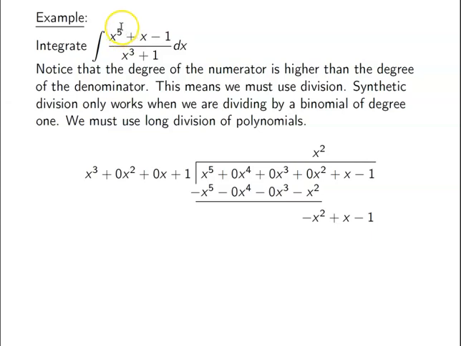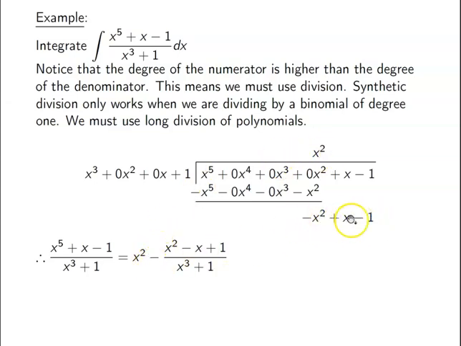My answer is not my final answer, but this rational integrand turns into x squared plus my remainder over the number I'm dividing by. So my integrand x to the 5th plus x minus 1 over x cubed plus 1 is equal to x squared minus my remainder, because now my number that's left over is less than what I'm dividing by. So this is my remainder.